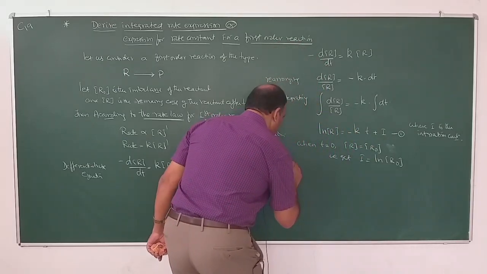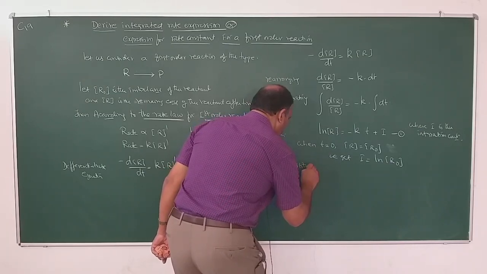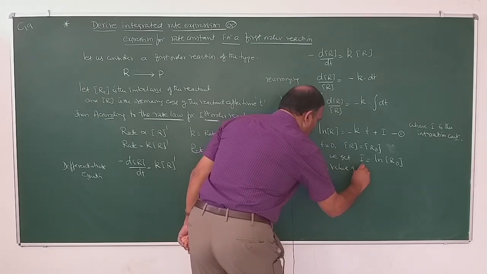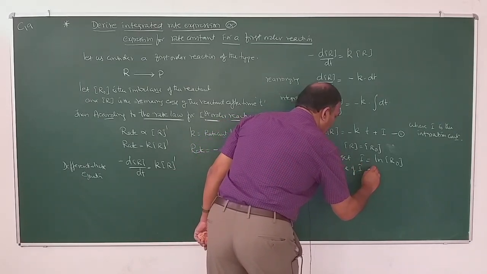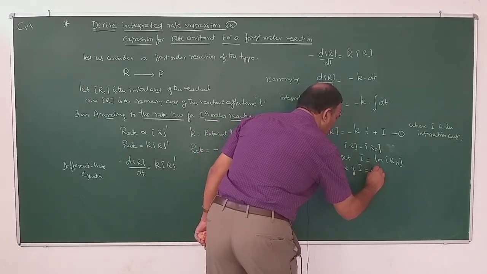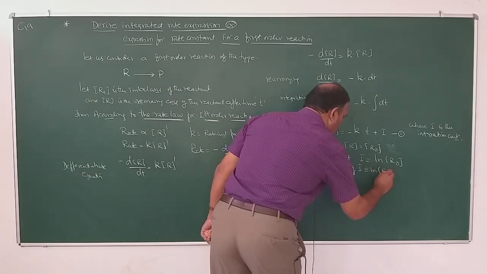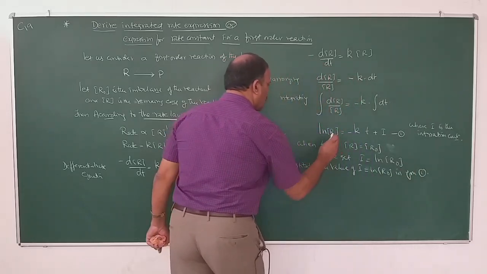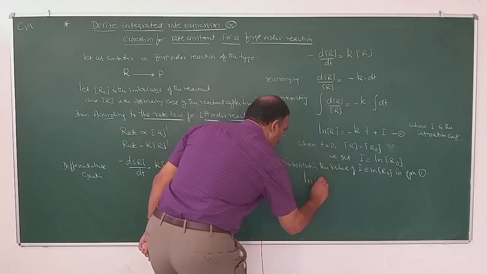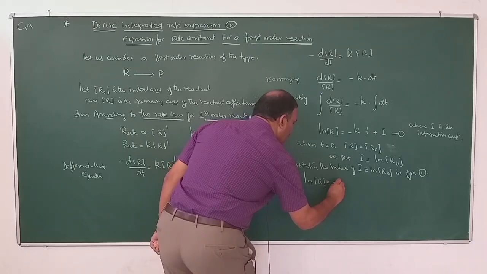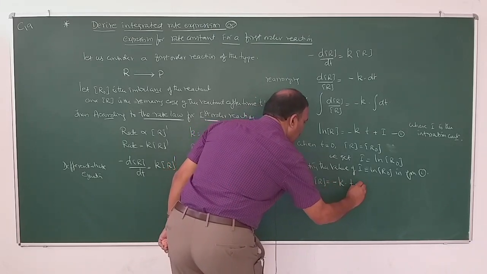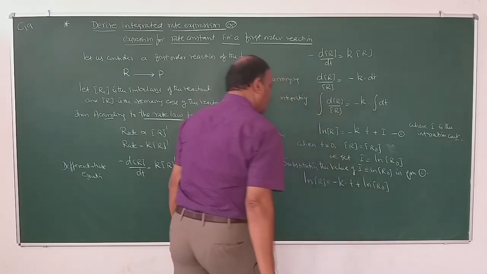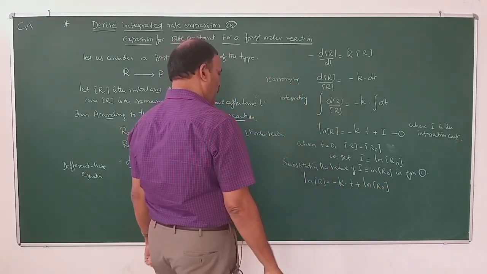So substituting the value of I equals ln [R]0 in equation 1, we get ln [R] equals minus kt plus ln [R]0.